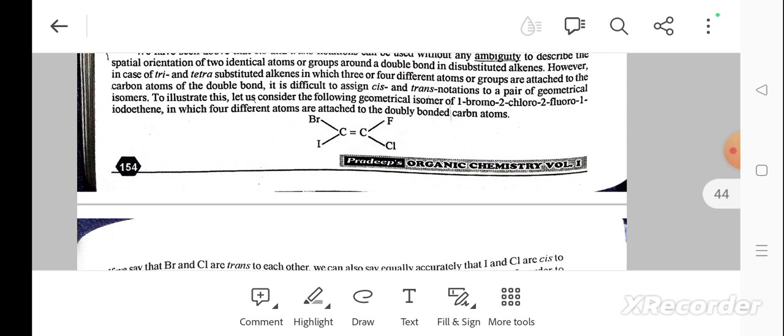To illustrate this, let us consider the following geometrical isomer of 1-bromo-2-chloro-2-fluoro-1-iodoethene, in which four different atoms are attached to the double bond carbon atoms.